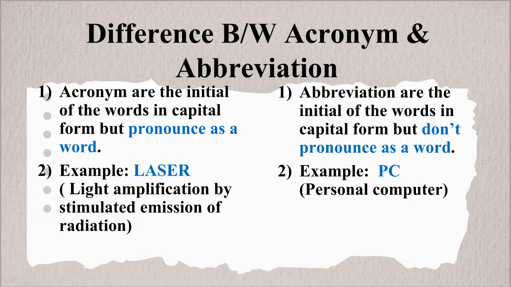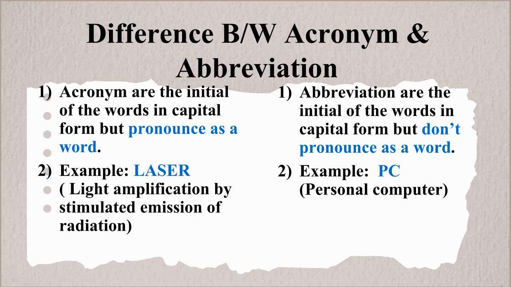Now let's take a look at the difference between acronym and abbreviation. An acronym is a type of abbreviation formed from the initial letters of a multi-word expression and pronounced as a single word. Example, laser, light amplification by stimulated emission of radiation.